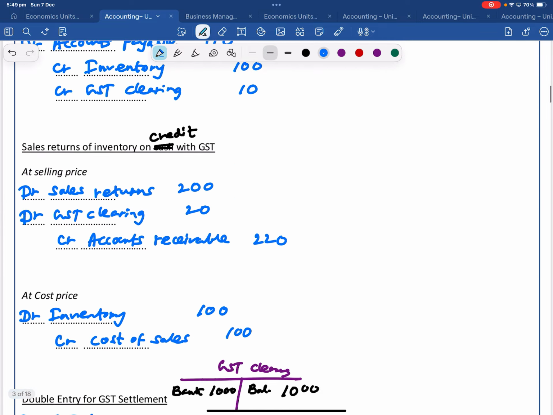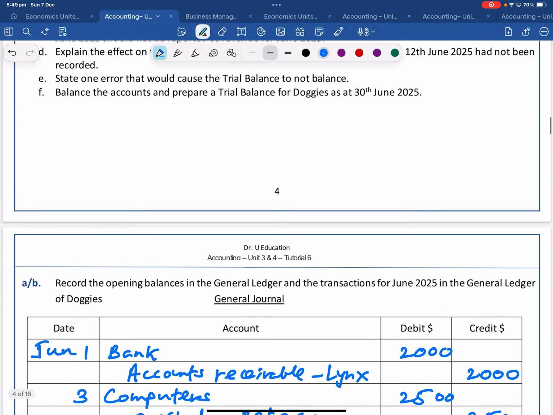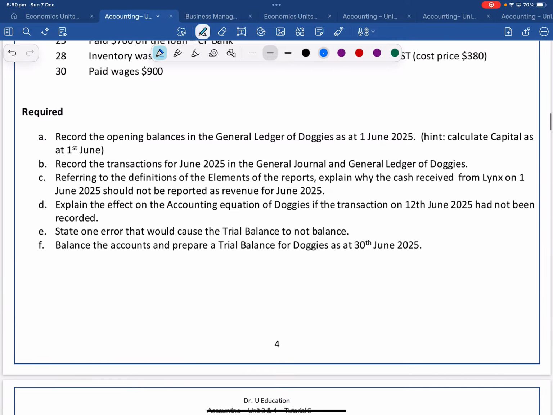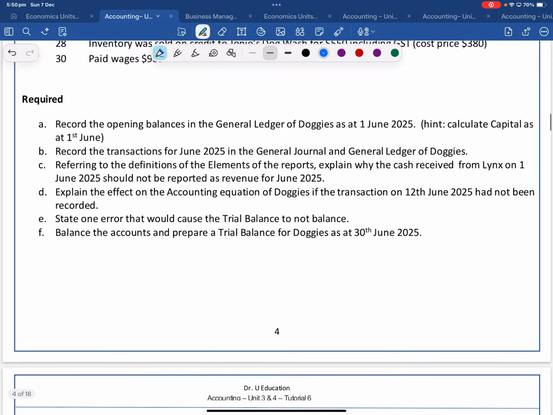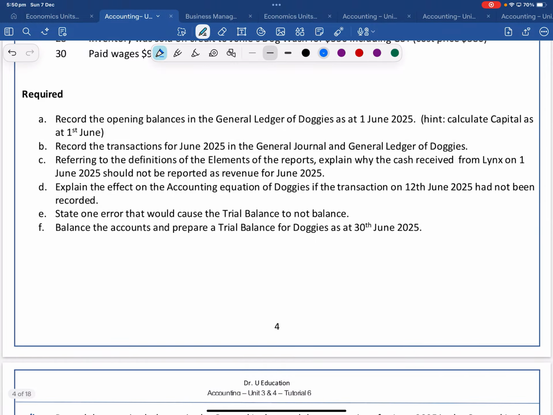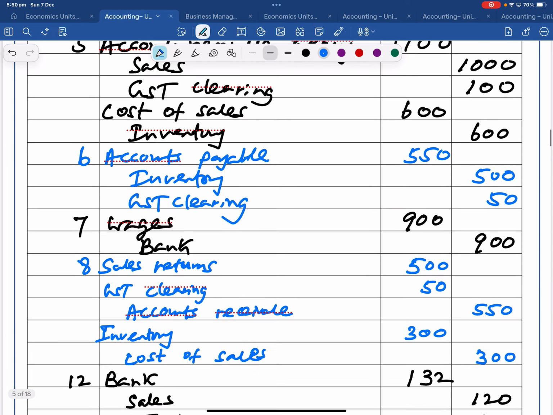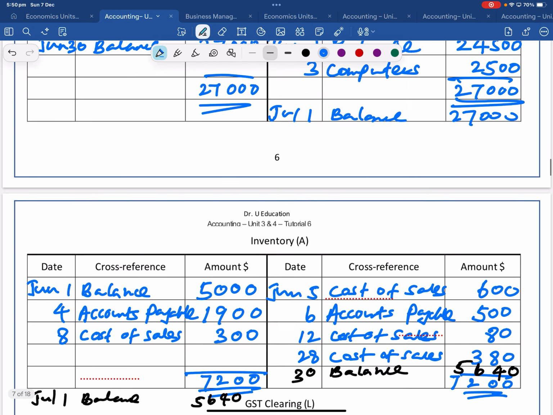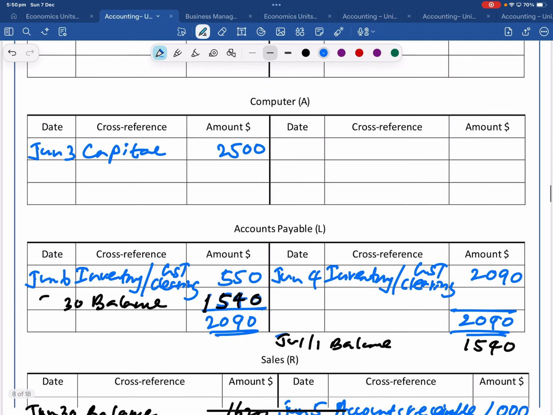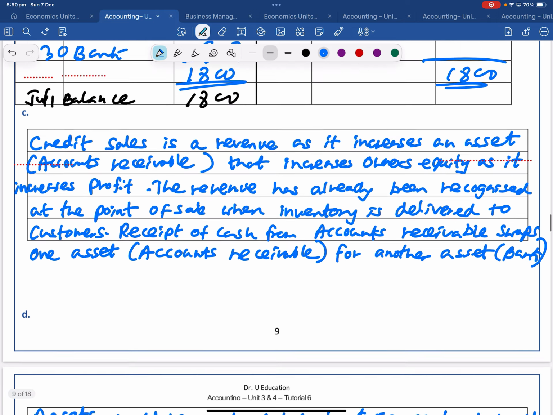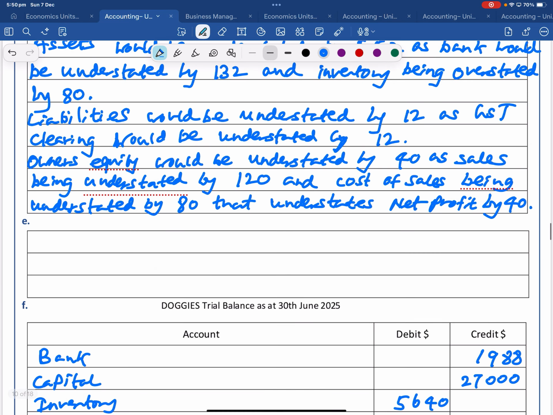Okay, guys. Now you can answer part F. State one error that would cause the trial balance to not balance. Yes? What do you want to say? You can say anything.